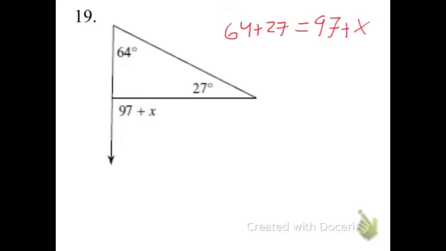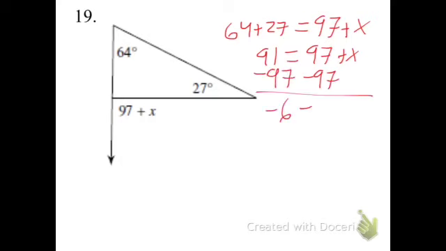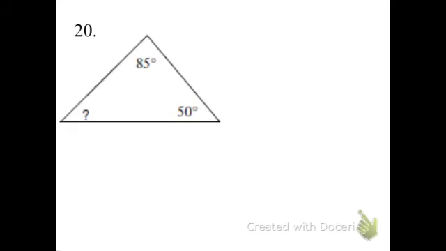If we add those together, 64 plus 27 is 91. And now to finish up, you're going to subtract off 97 from both sides to get -6 equals x, or x is -6.